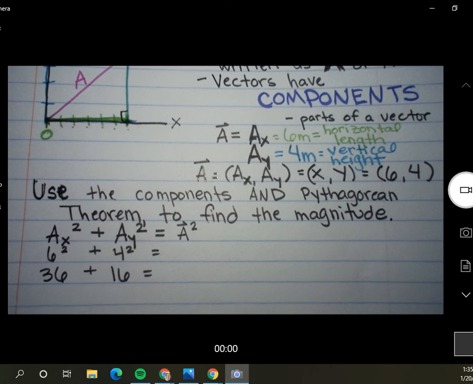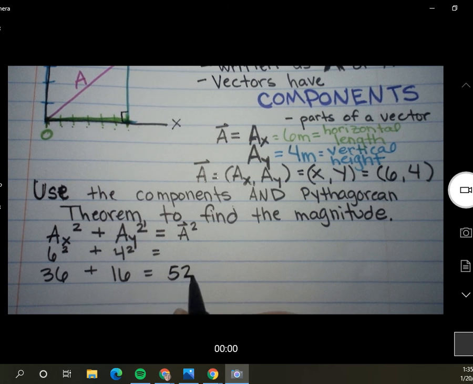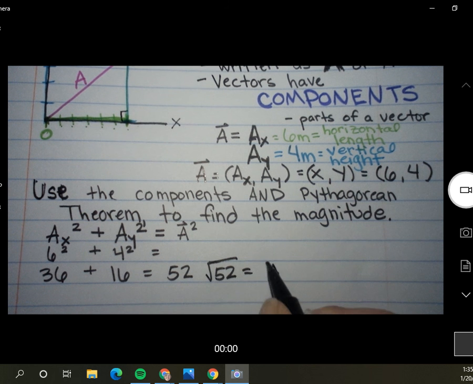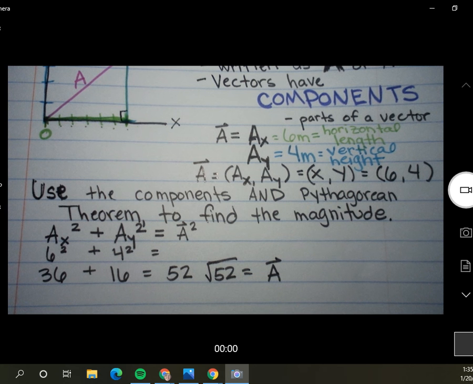Am I done? Is 52 my answer? What do I need to do? Well, I need to take the square root of 52, which equals just my vector magnitude. So we'll do that. It's 7.2.